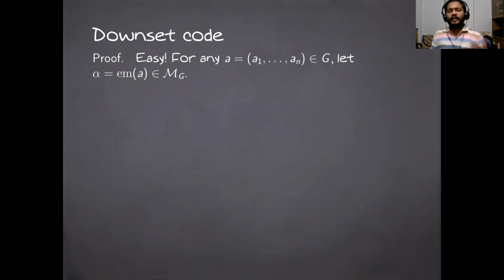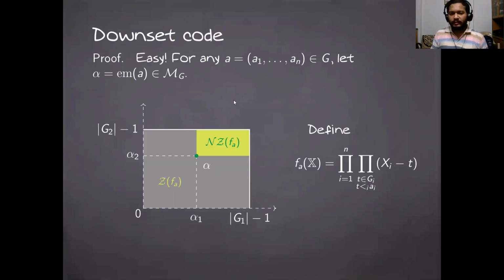Take any element in the grid of evaluation points A and look at the corresponding integer point, some alpha. Now we look at this very nice function f sub A. It looks at the projections of the element A along each axis, and we have a linear order there. Collect all terms which are strictly less than A_i, take the corresponding linear factors and multiply all of them.